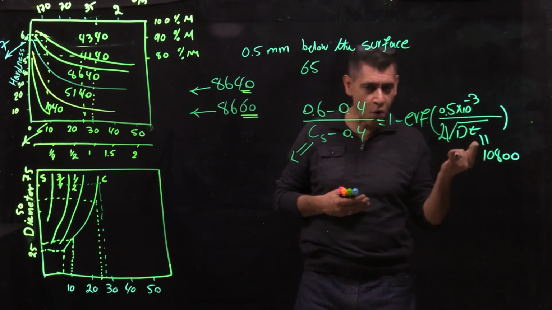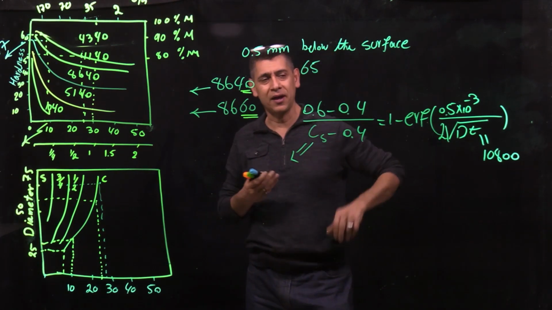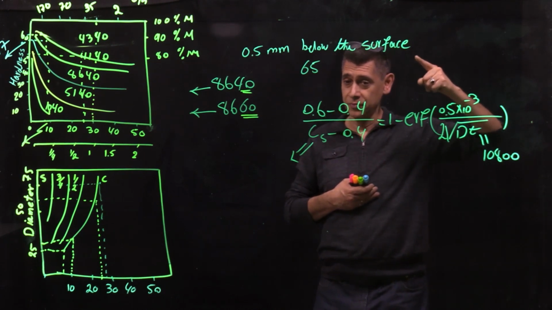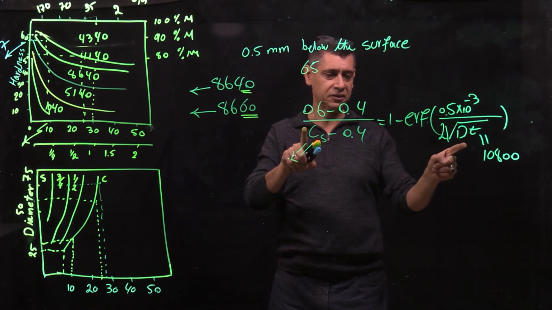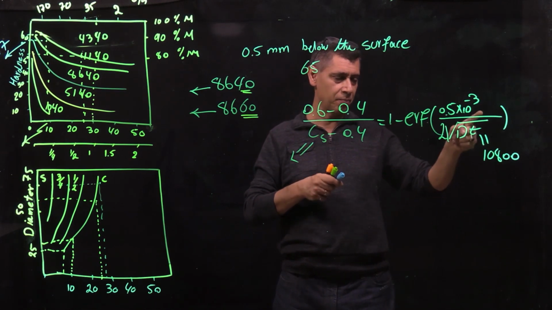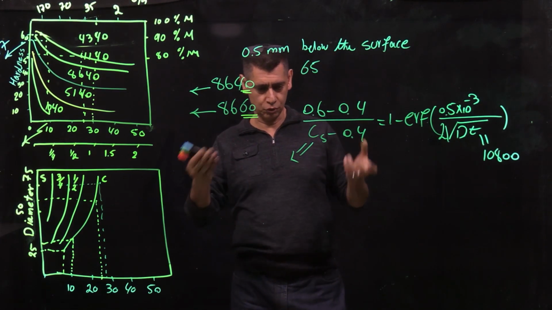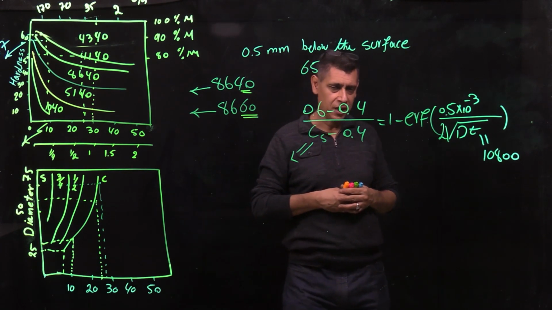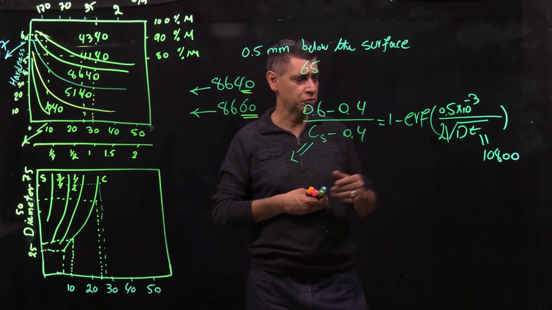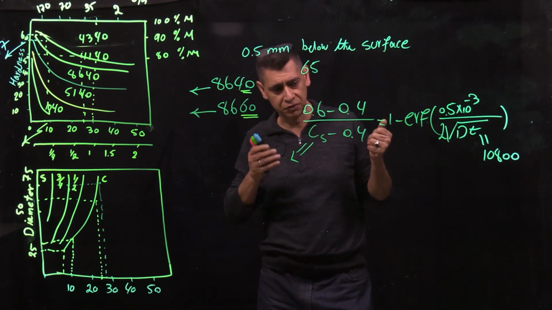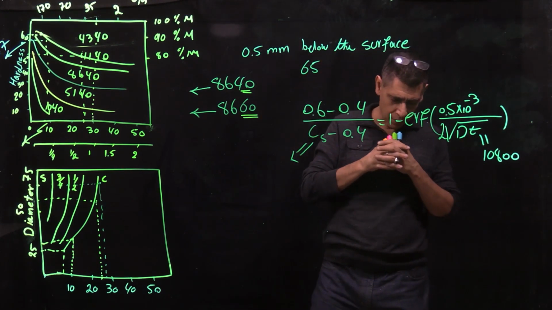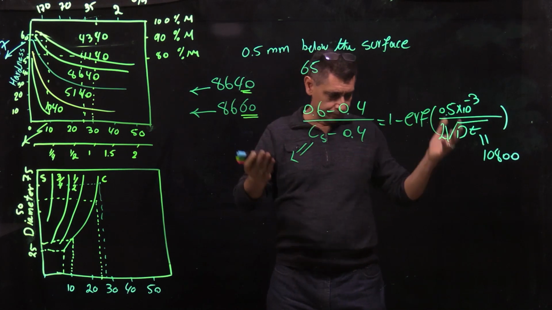If no, then I have to go back and increase the temperature. Temperature has two effects: it increases this and increases this, and then this becomes less. So you're juggling between these. In real life, you always prefer to minimize time. The only thing is that, first of all, it depends on your facilities.